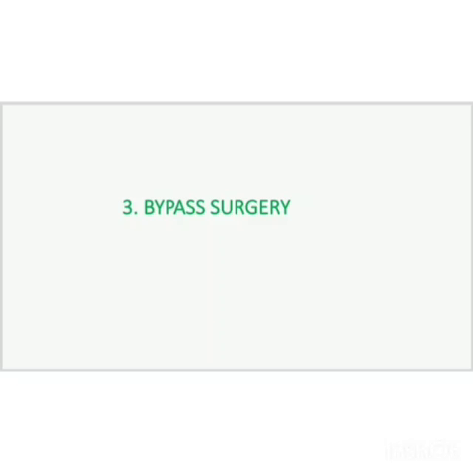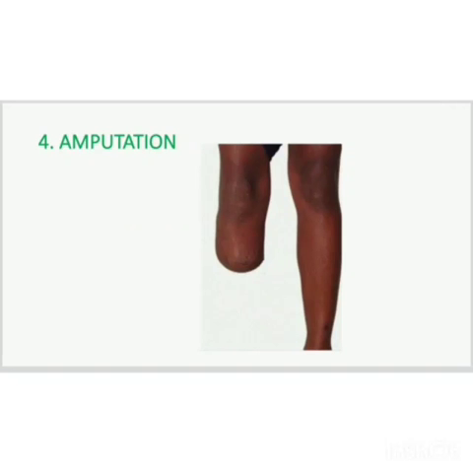Bypass surgery typically is not an option because of the involvement of smaller and distal vessels, but may be used in selected patients with severe ischemia. Fourth one is amputation. Amputation is the removal of a limb from the body. Painful ulceration may require finger and toe amputation.